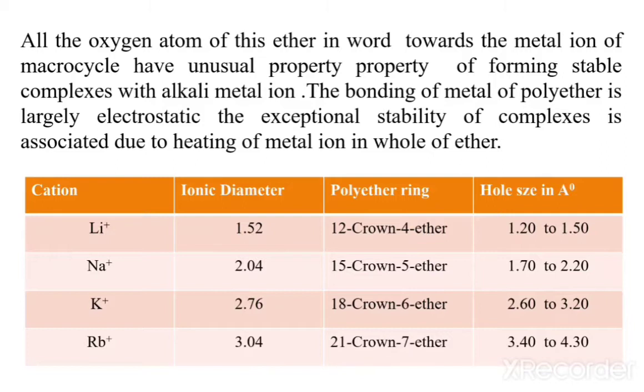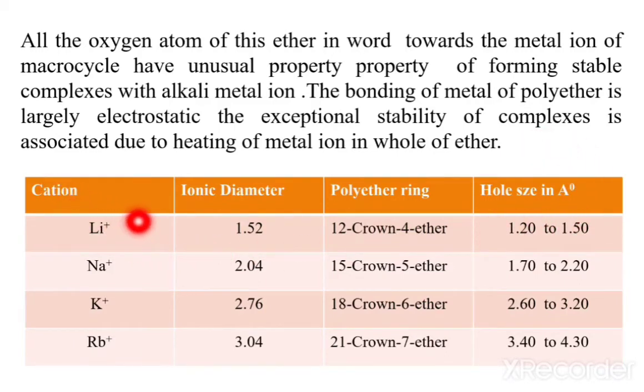The bonding of metal and polyether is largely electrostatic, and the exceptional stability of the complexes is due to the housing of the metal ion in the hole of the ether. Here in the table form, we have cations, ionic diameter, and polyether ring and hole size in angstroms.